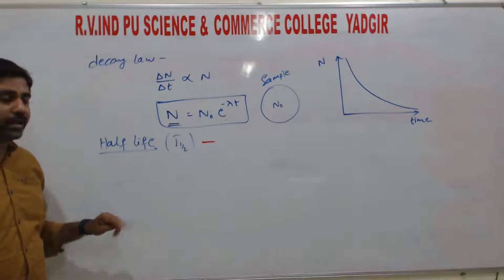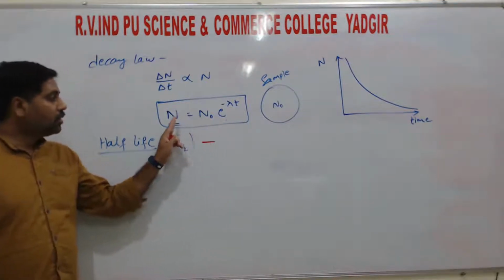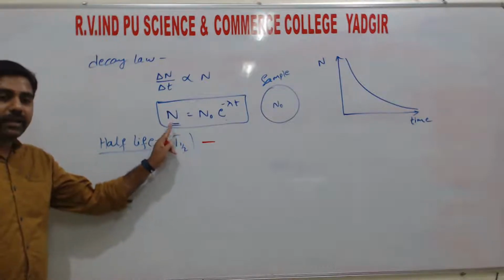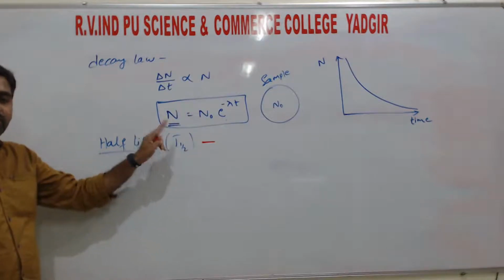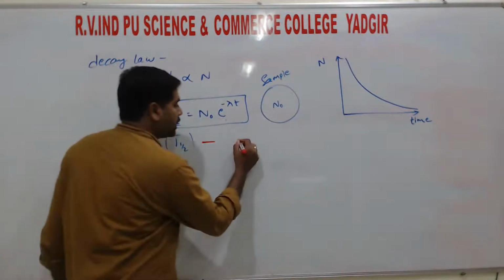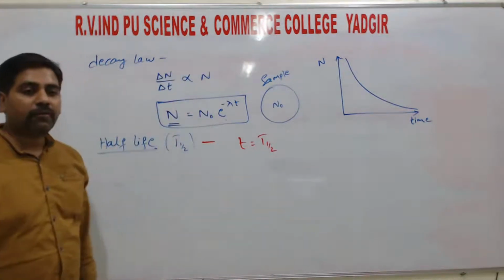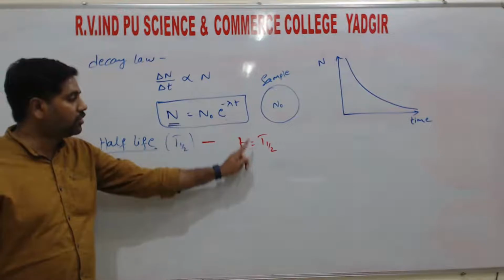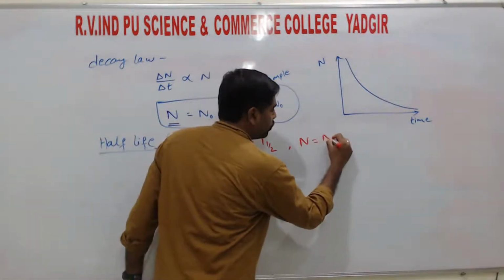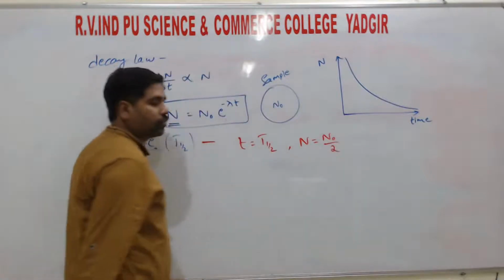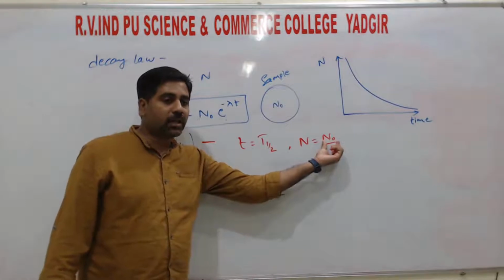N0 is the parent nuclei, then the nuclei decay exactly to half of the parent nuclei, that means N is equal to N0 by 2 when the time t is equal to T half. That means the decay is exactly half of its original value.